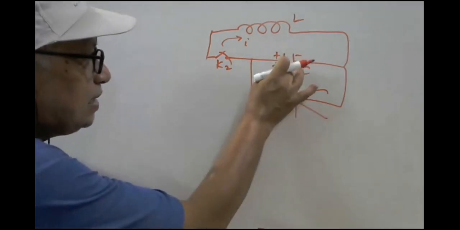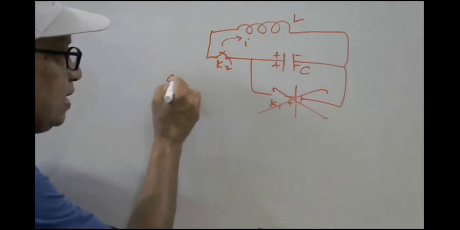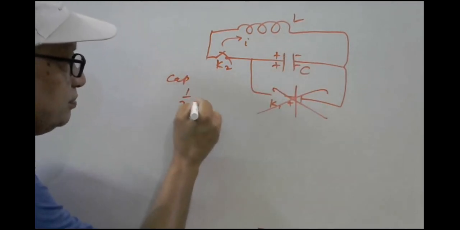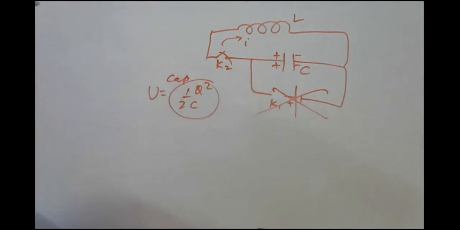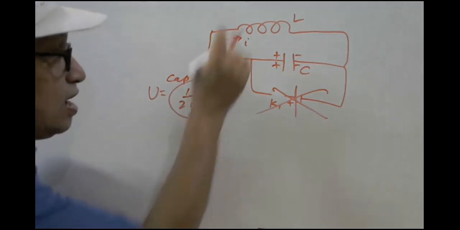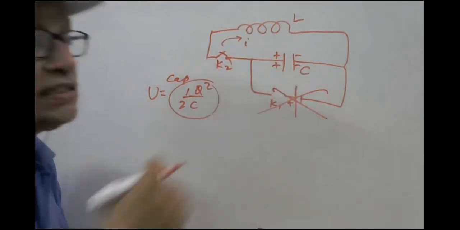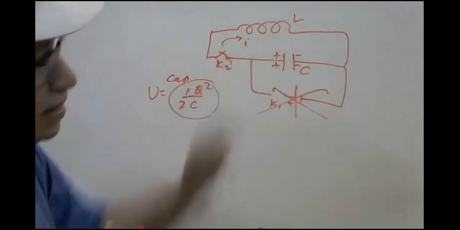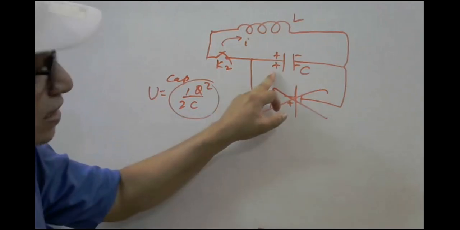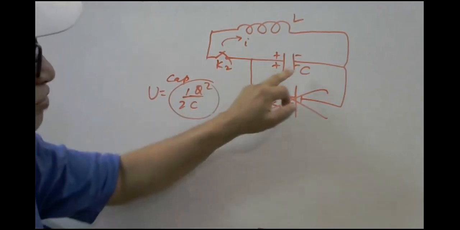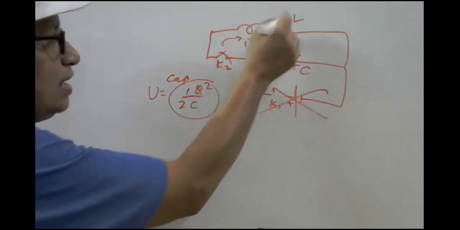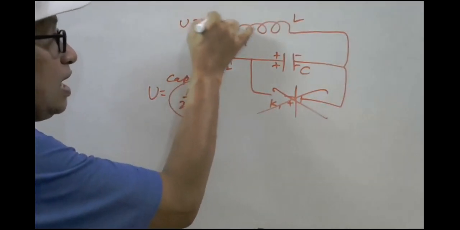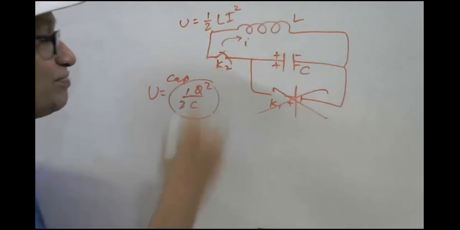Initially the energy stored in the capacitor is Q square by 2C. But now it is discharging through the inductor, so the energy is transferring from the capacitor to the inductor, and the energy stored is half Li square.